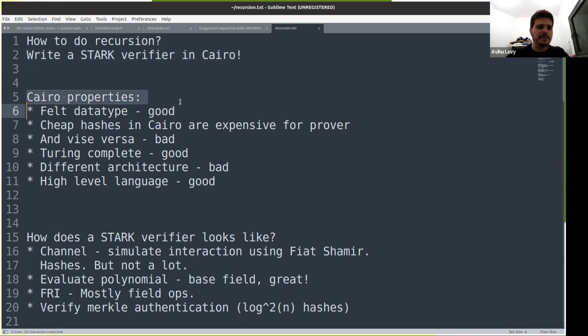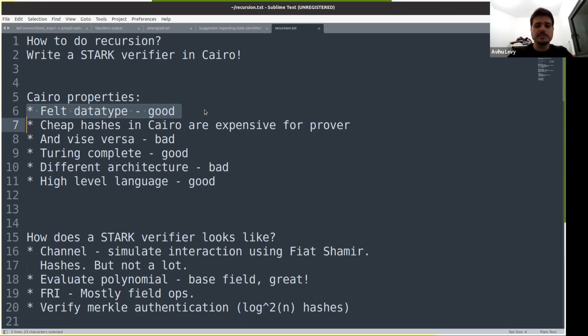So what's up with Cairo? Just some properties that will affect our verifier. The basic data type in Cairo is a field element, which is good for us if this is the same field that we want to verify the proof at, which we do.